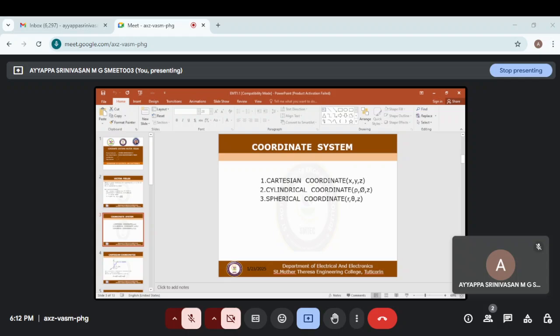If you take any cylindrical object, like your water bottle, in the cylindrical coordinates rho signifies its radius, phi is the angle of rotation, and z is the height. Likewise, in spherical coordinates r, theta, phi, r is the radius of the sphere, theta is the azimuthal angle, and z is again the height.